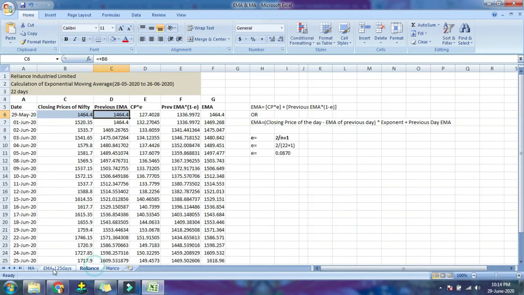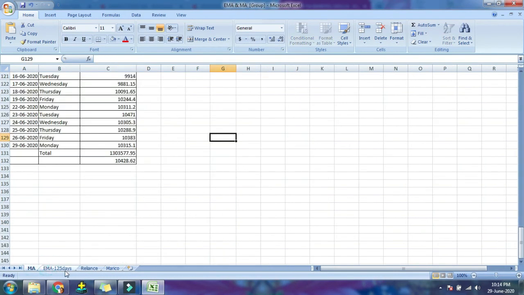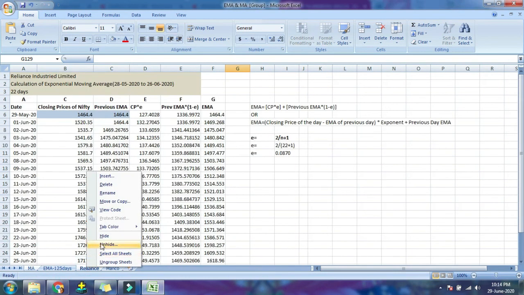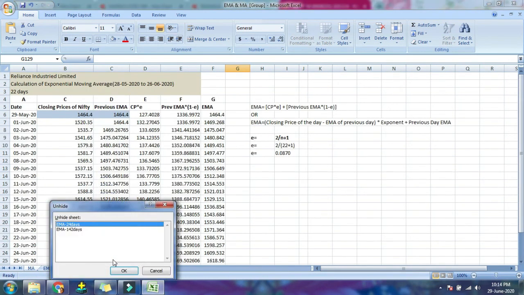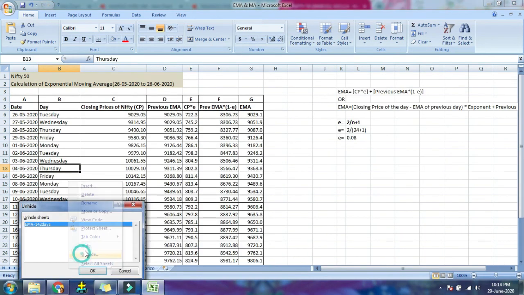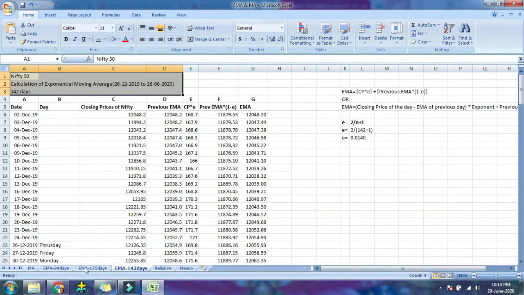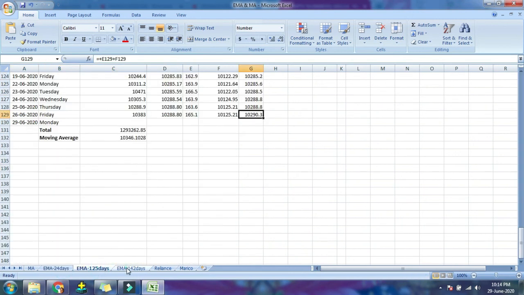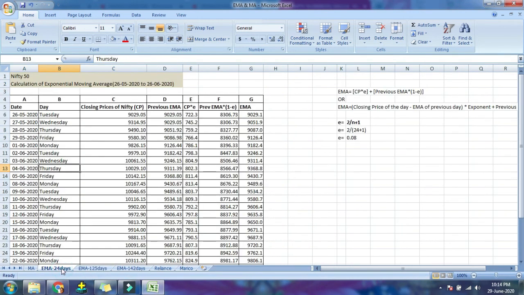If you see, I have even calculated the EMA of 24 days and 142 days for Nifty 50. I did find some more analysis on EMA, but this video is getting long. To know what I discovered and analyzed, stay tuned.